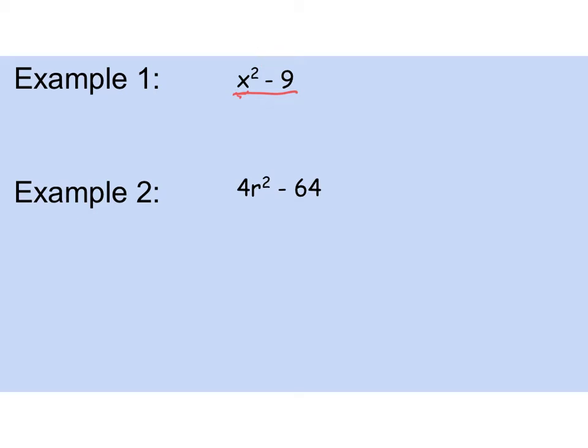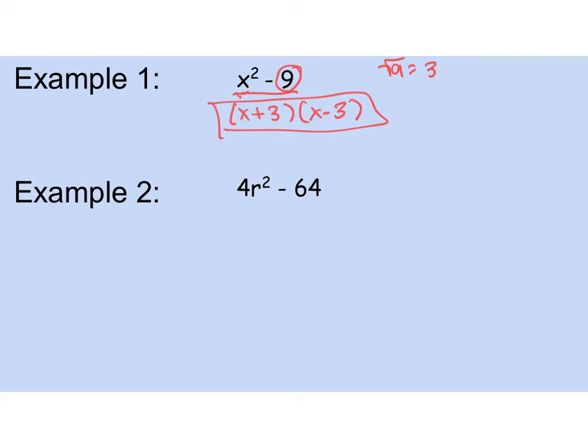Let's put our parentheses down, put in our x's, and then all we have to do is take the square root of 9, which is 3. Since you need a plus and a minus to get a negative 3, there you go.